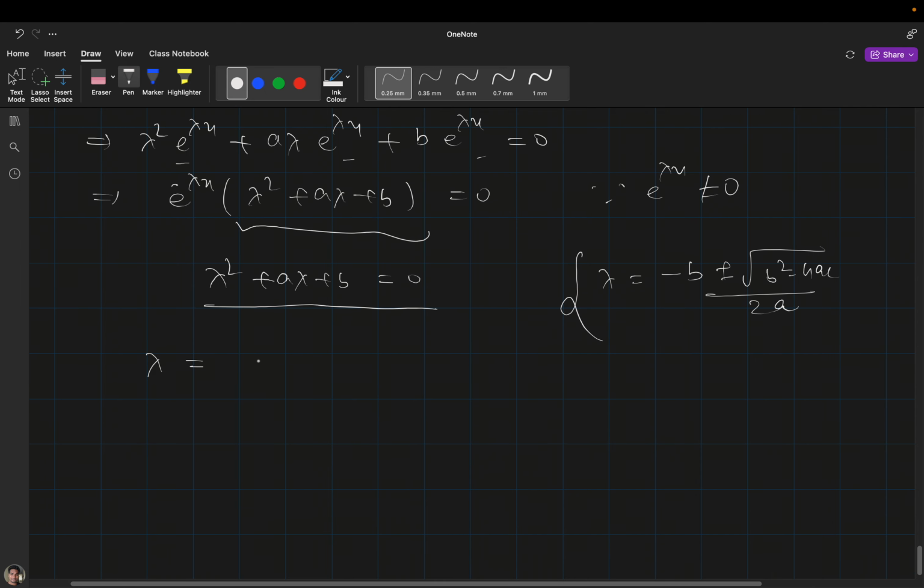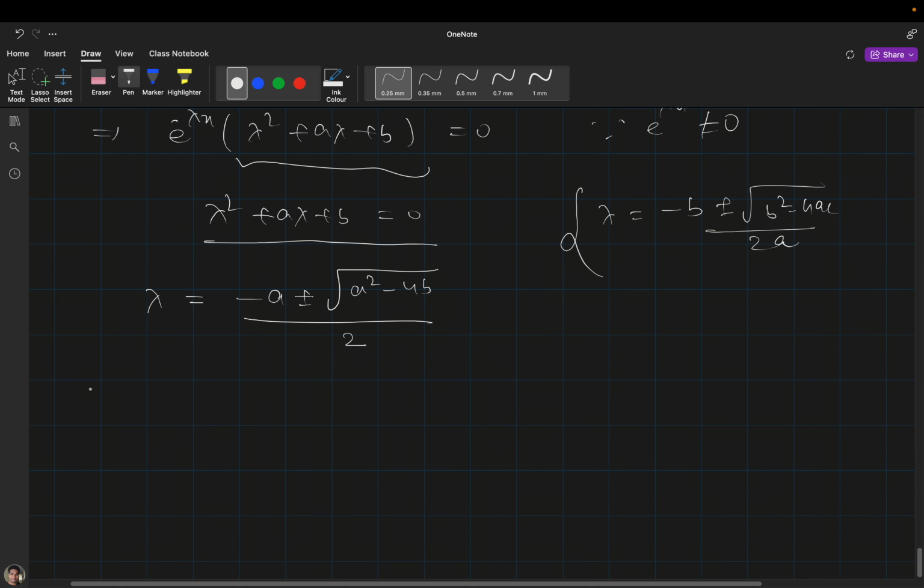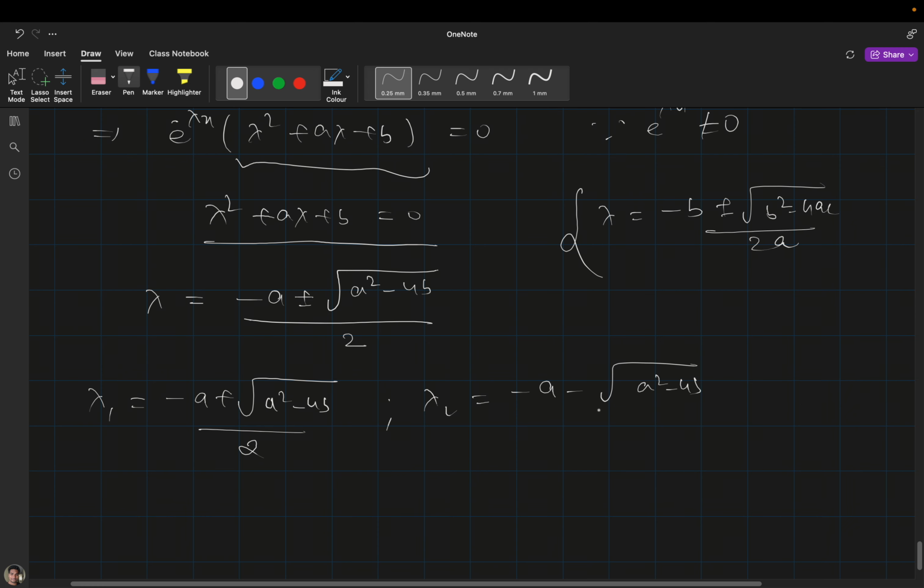So similarly I will write minus a plus minus square root of a square minus 4b divided by 2, which means the first root will be lambda 1 equal to minus a plus square root of a square minus 4b divided by 2, and the second root will be lambda 2 equal to minus a minus square root of a square minus 4b divided by 2.